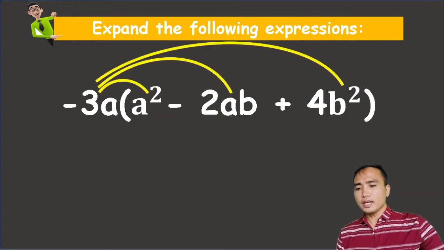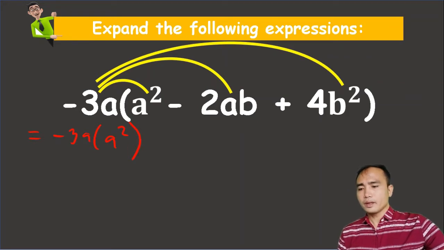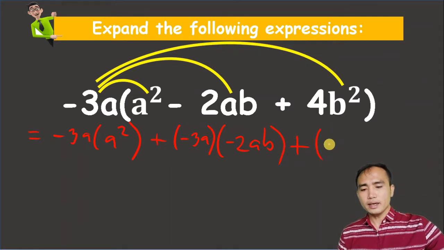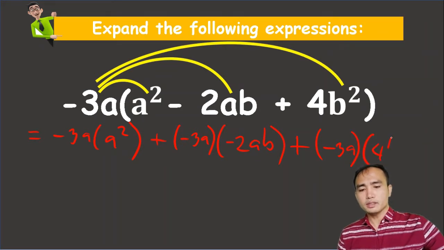So negative 3a times a squared, and then plus negative 3a times negative 2ab, plus negative 3a times 4b squared.